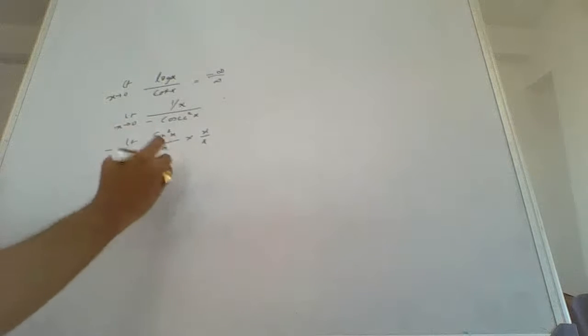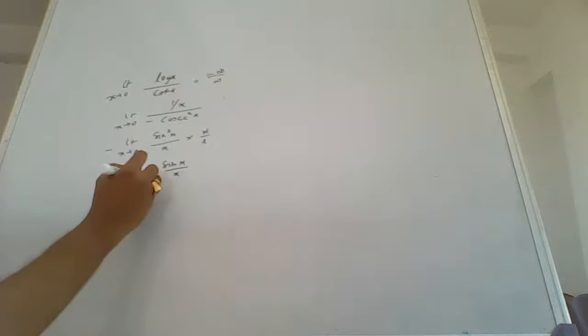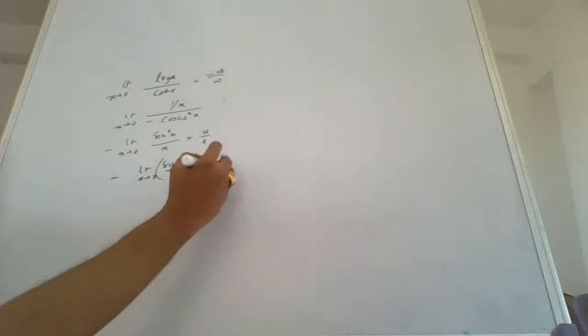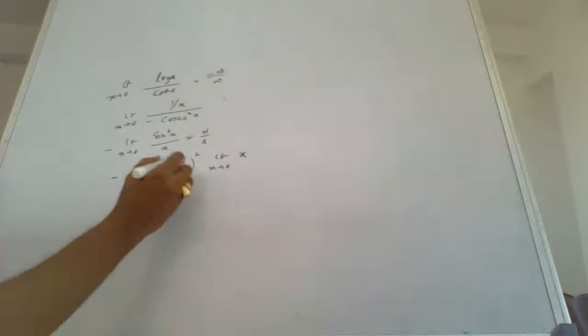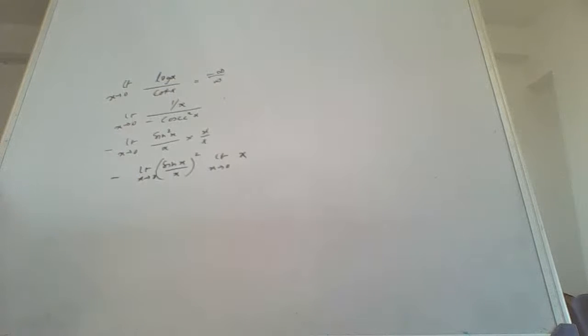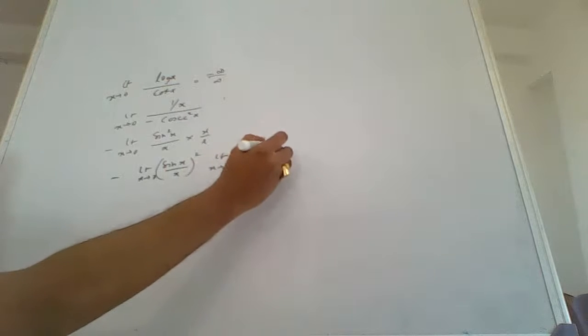So I can put this as sin x by x, and the limit as x tends to 0 of this is minus, and this is whole square. And I'll have the limit as x tends to 0 of x alone. Now this result is minus 1, but this is 0. So I get 0 as the answer.